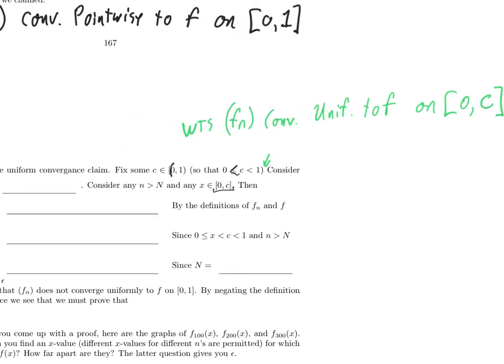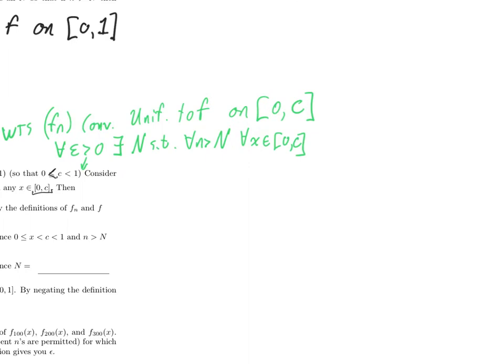That is, I need to show that for every epsilon bigger than 0, there exists a choice of big N such that for all little n bigger than big N, and for all x in [0, c], the absolute value of f sub n of x minus f of x is less than epsilon. So let's try to do that.